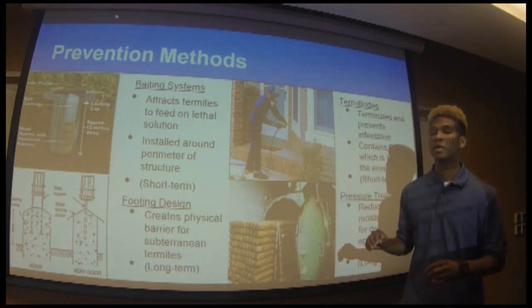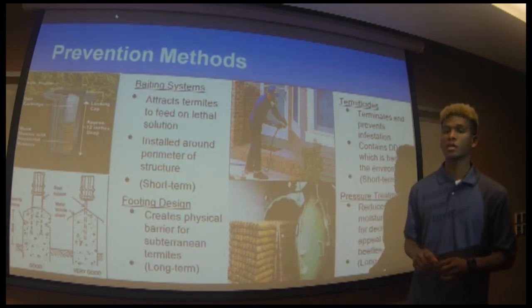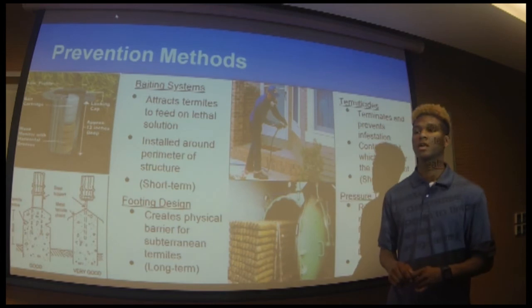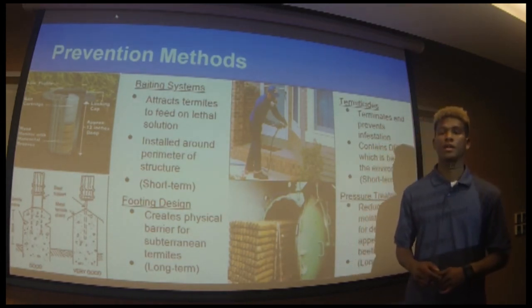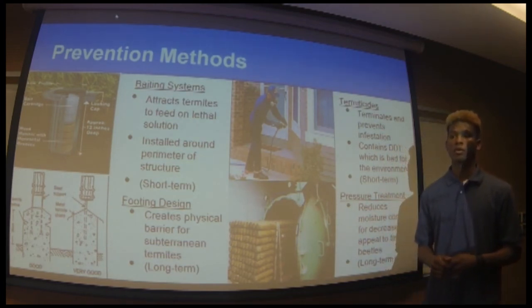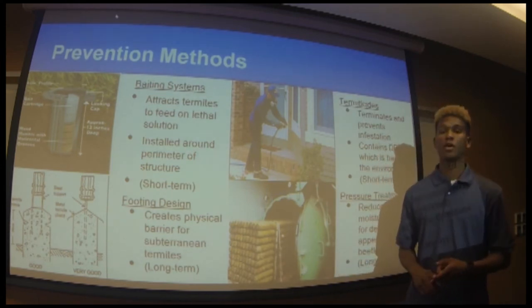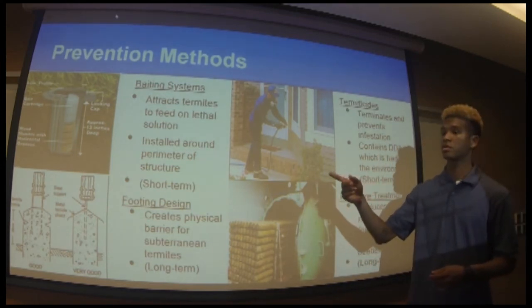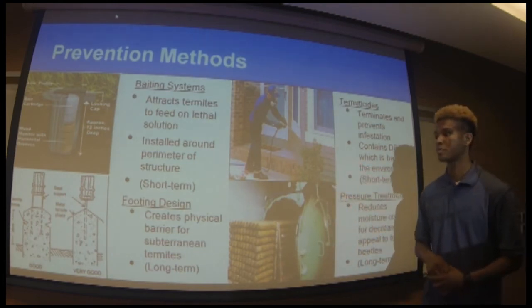And when they take it back to the colonies, that lethal substance spreads throughout, eliminating termites, especially because termites in particular are cannibals. In the event that a termite is injured or cannot perform their colonial duties, they are eaten by other termites, thus spreading the lethal substance, making this particular method very, very effective.